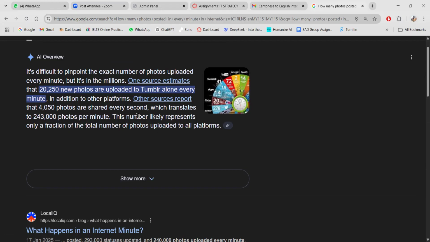So there is also a huge amount of data when you consider this.